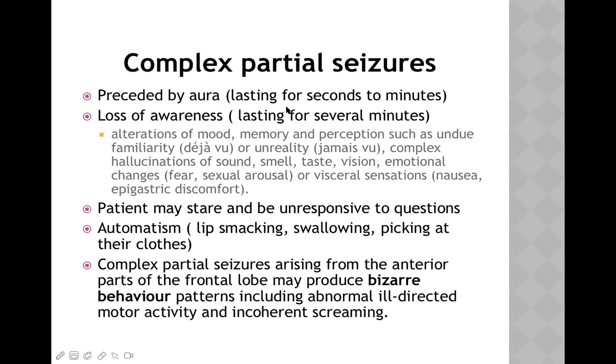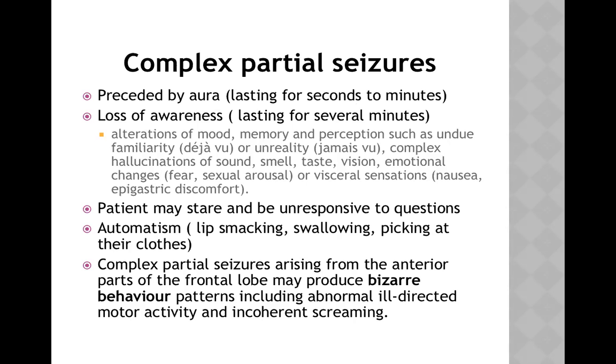Now aura means the person knows the seizure is going to come. The person has that feeling that some clues have been given by the body that seizure will be coming within seconds or a minute. These are called aura.